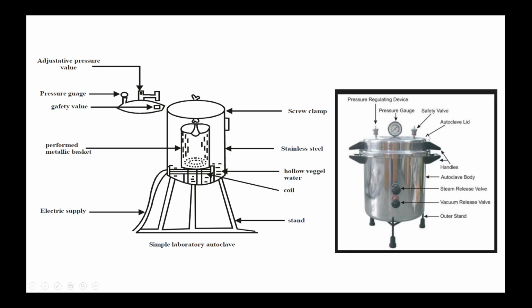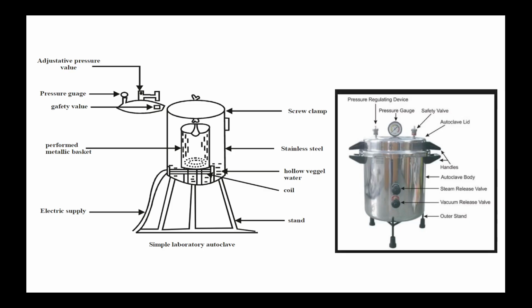It has a pressure gauge. Here you can see this meter. This is a pressure gauge. It shows the pressure. When the pressure reaches 15 psi, we hold the pressure at that point for 15 to 20 minutes so that everything is heated at 121 degrees Celsius.